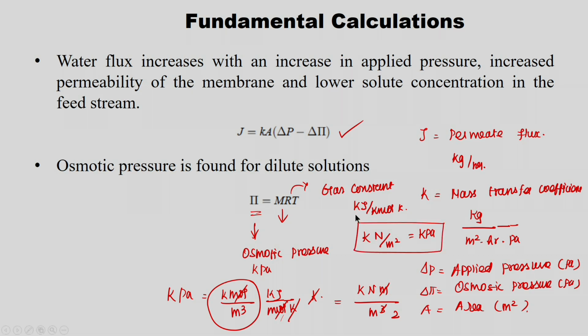This is the way you can calculate osmotic pressure: pi is M R T, where M is concentration, R is gas constant, T is temperature.